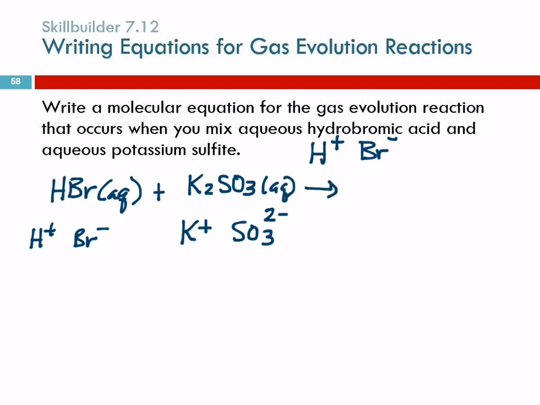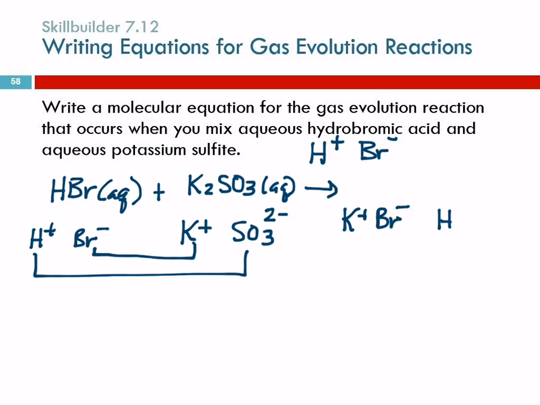Now, to predict the products, we're going to swap partners. So we're going to put potassium and bromide together, and we're going to put hydrogen and sulfite together. So over here, I'm going to have K+ with Br-, and I'm going to have H+ with SO3 2-.